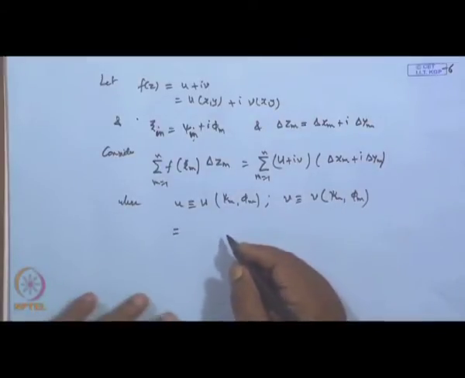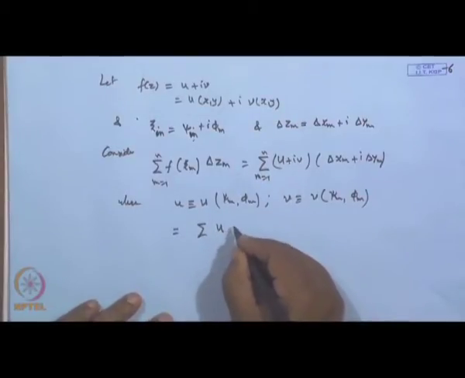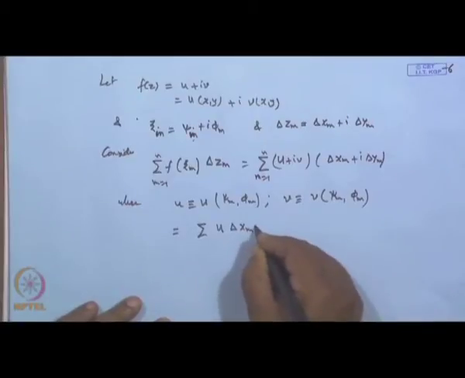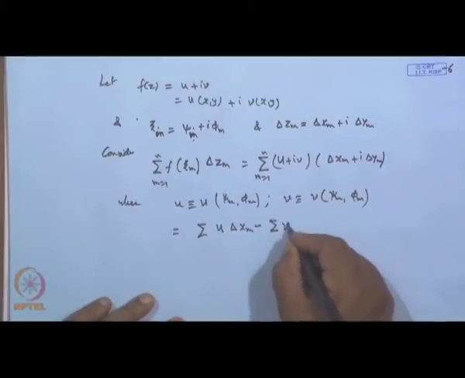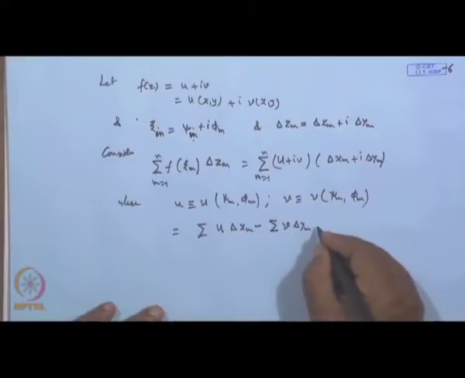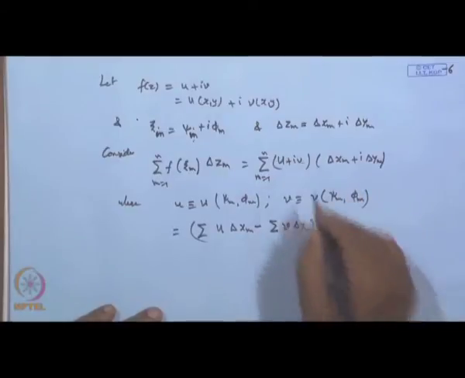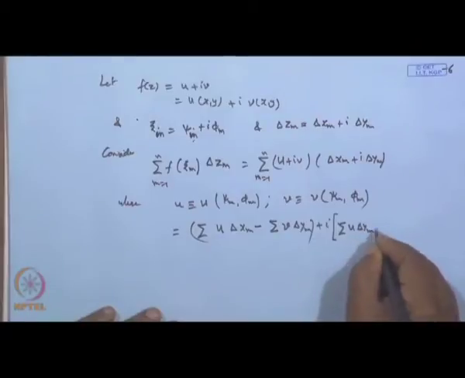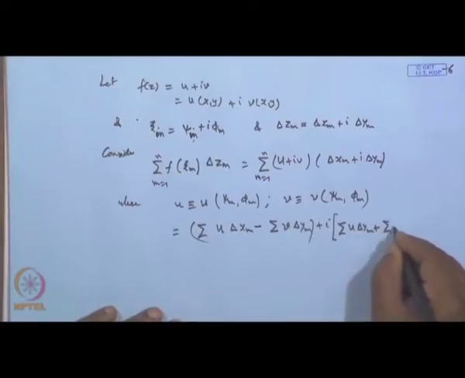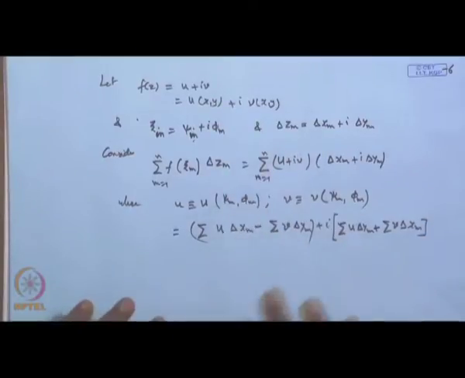Okay. Now, separate out the real and imaginary parts. When you separate them out, we get the sum of u delta x_m minus the sum of v delta y_m, plus i times the sum of u delta y_m plus the sum of v delta x_m.